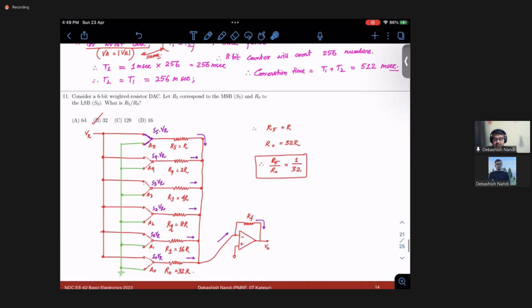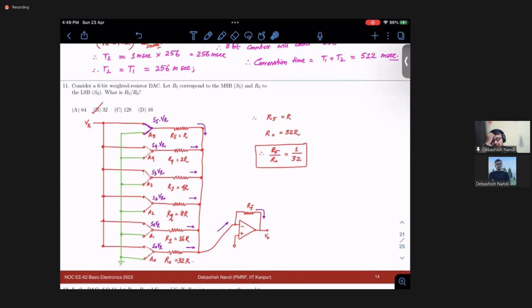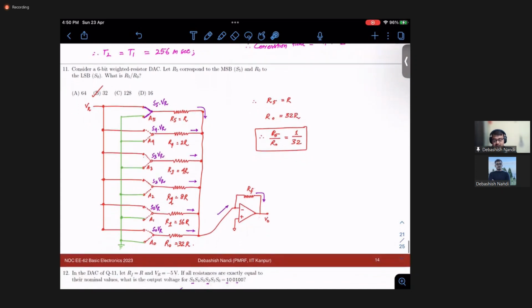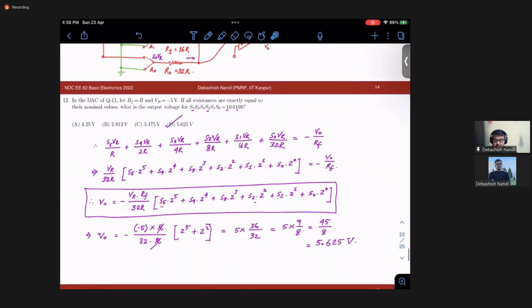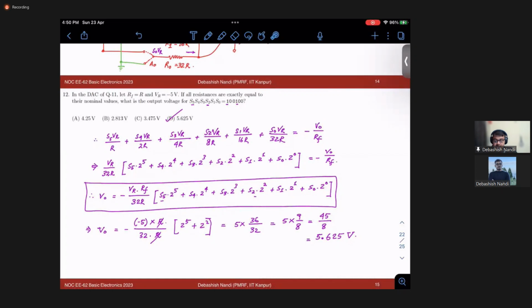Again, in problem number 11, consider a 6-bit weighted register DAC. We discussed how it looks and its mode of functionality. We had to calculate some basic parameters, like the ratio of the two resistances of MSB and LSB. Then in the next problem, we discussed that for a particular input, what will be my output.